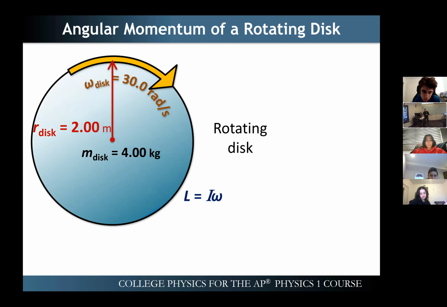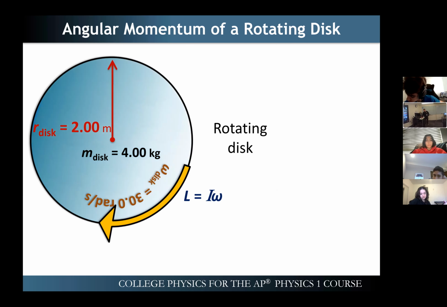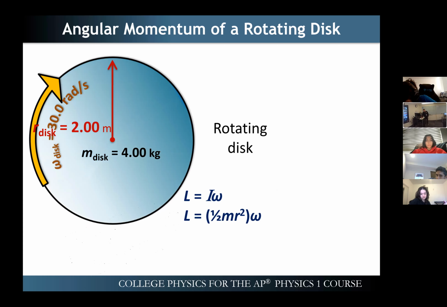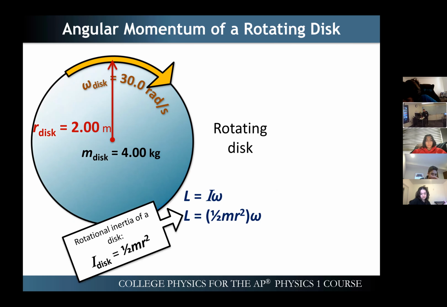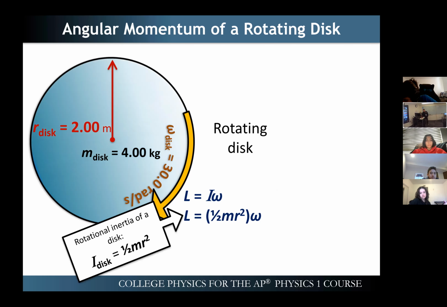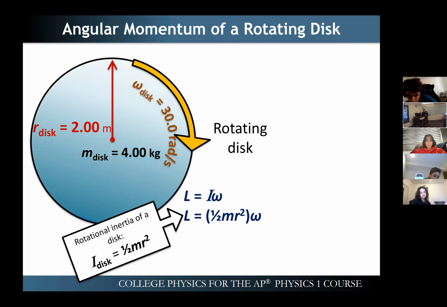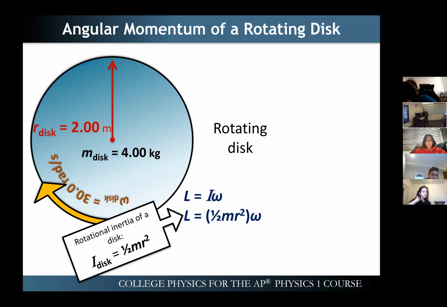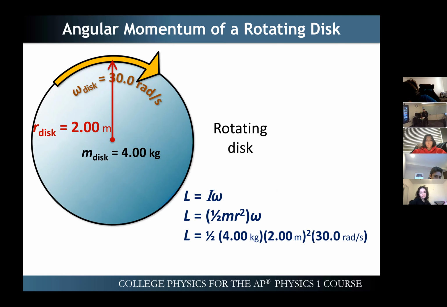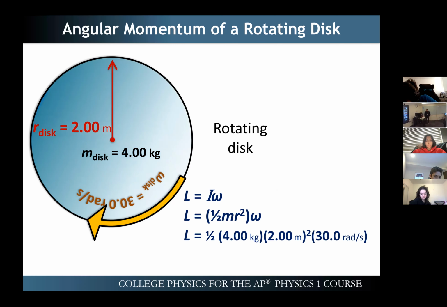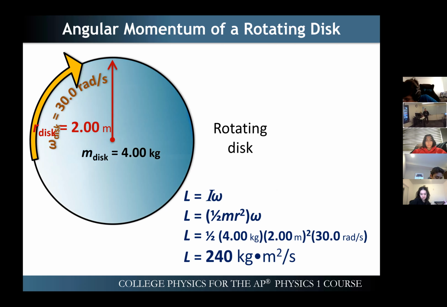Yeah, the disk is 1/2 mr squared for its I value. And if we know the mass is still 4 kilograms, the radius is still 2 meters, and we have to square that, and the velocity is still 30 radians per second, we should get half of what we got on the previous problem, because that's the only number that changed, is adding the half.